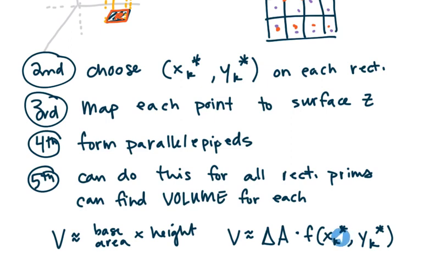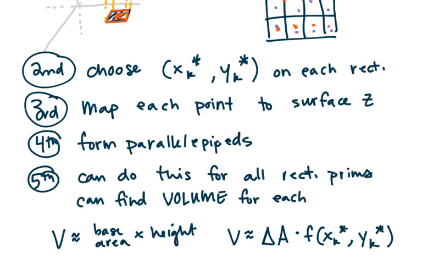And just to reiterate the star, normally when we choose these points, when you're learning this, we say, okay, use the lower bound or the left side or the right side bound or a midpoint bound. But the star says I can choose that point anywhere on the rectangle, essentially.